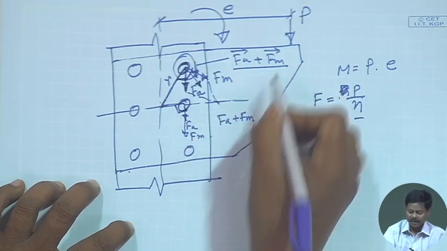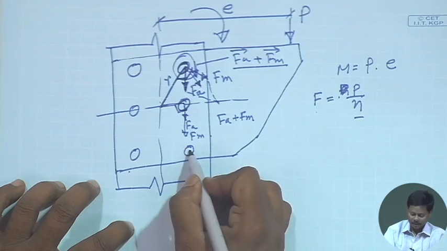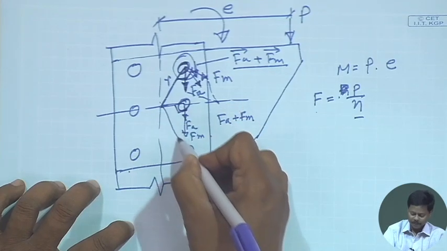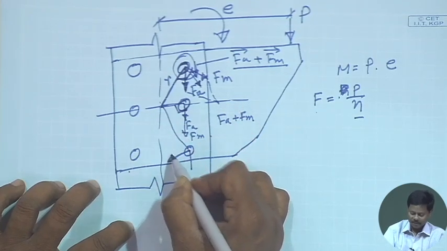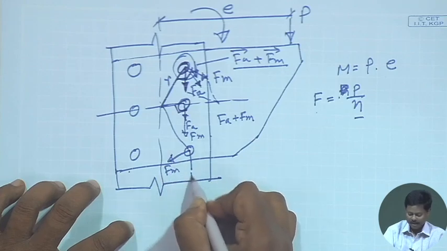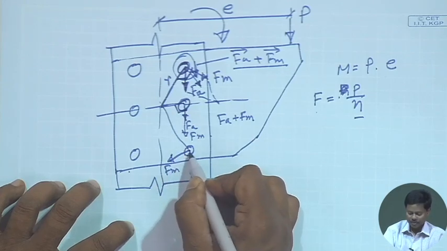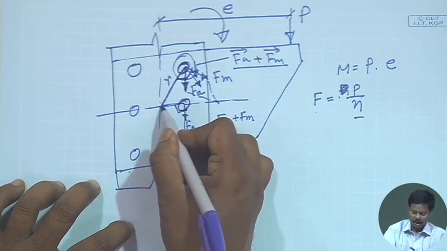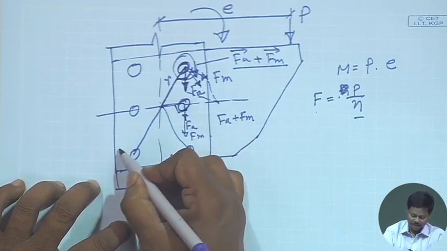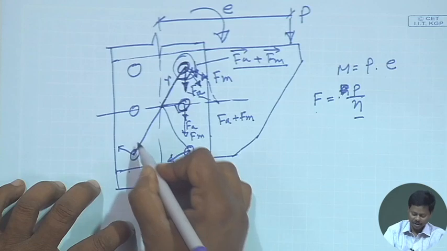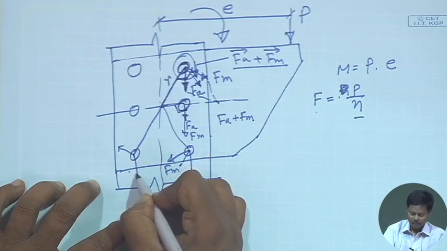That means we have to find the resultant. Similarly, for this case F M will act in this way and F A will act in this way. We have to analyze each bolt and see which one is the most critical.